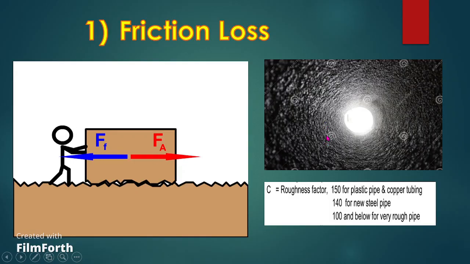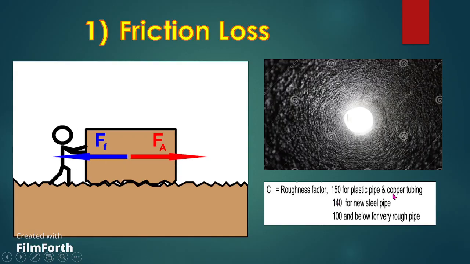This means the internal surface isn't perfectly flat but rough or uneven. These surface irregularities increase friction, affecting water flow and causing pressure loss. This concept is utilized when calculating friction loss in pipes, represented by the roughness factor. For instance, steel pipes have a roughness factor of 150, while plastic pipes have 140.